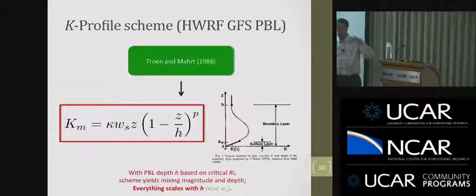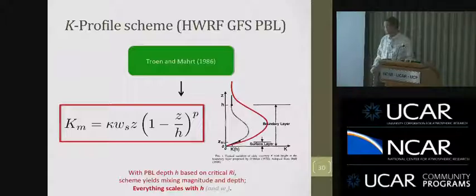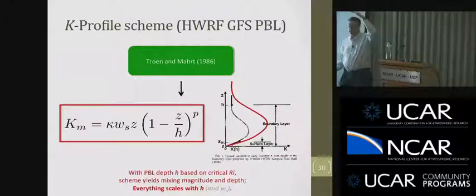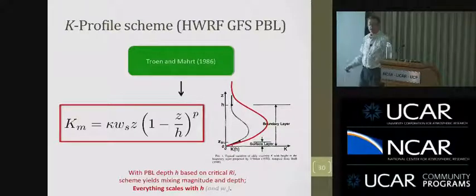So basically the way these schemes work is they try to determine what H is. Once they have H, basically everything follows from this particular equation, and also everything scales with H, so that if we find a larger boundary layer depth, the maximum mixing is larger, and it's located at a larger altitude, and it extends over a greater depth.